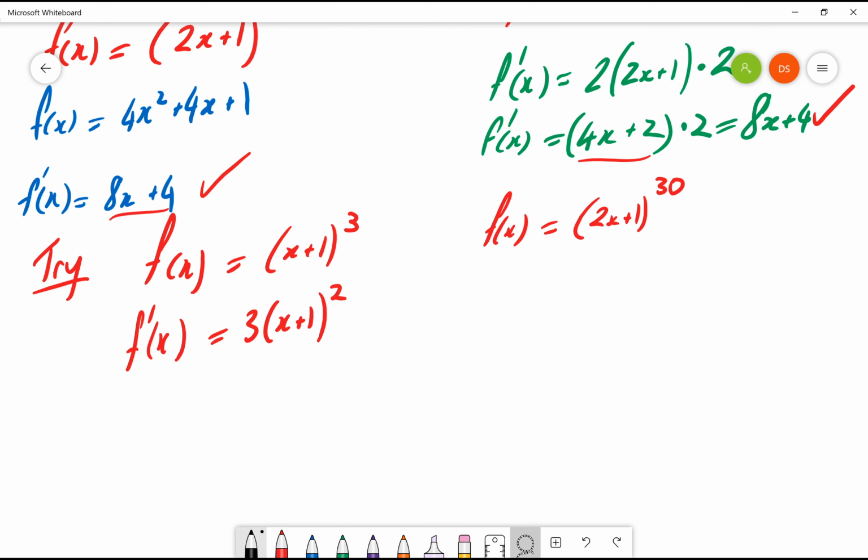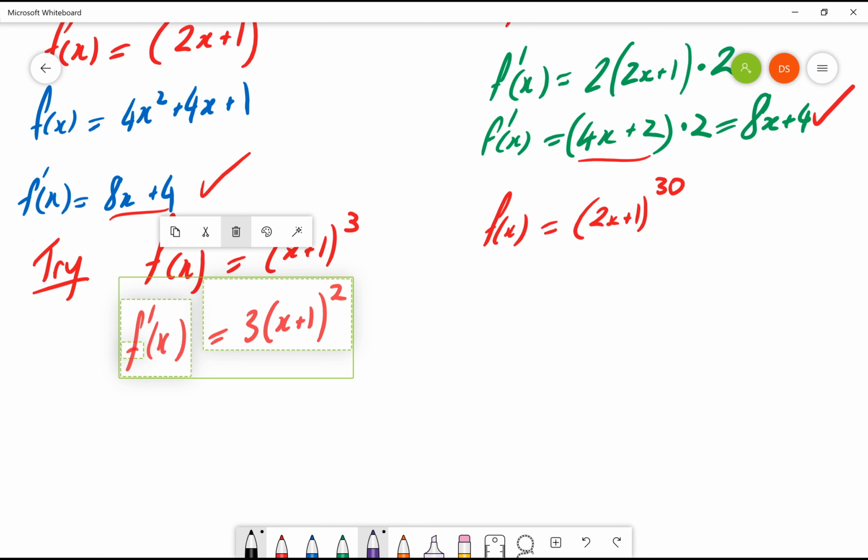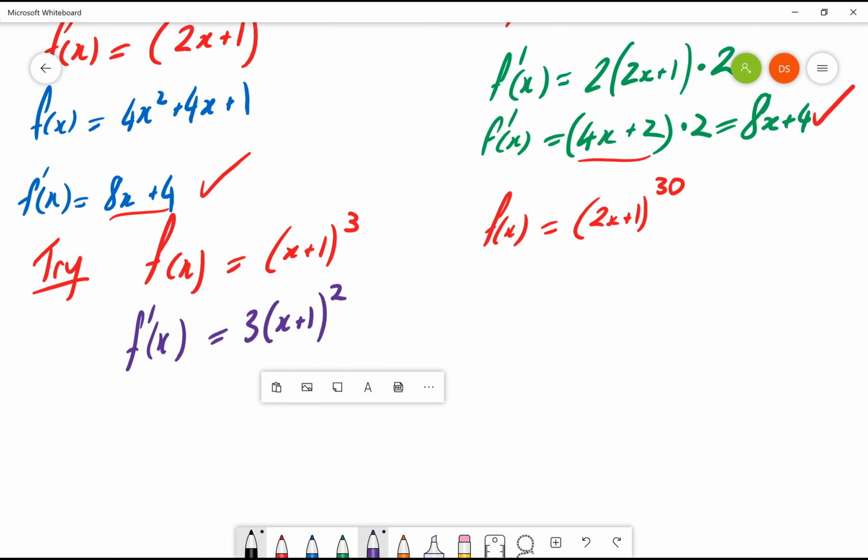I'm sorry, this is meant to be in some other color. Right? Multiply by the power, take 1 off the power, then multiply by the derivative of the inside. And the derivative of the inside is 1. And because of that, this would work without us having done that.